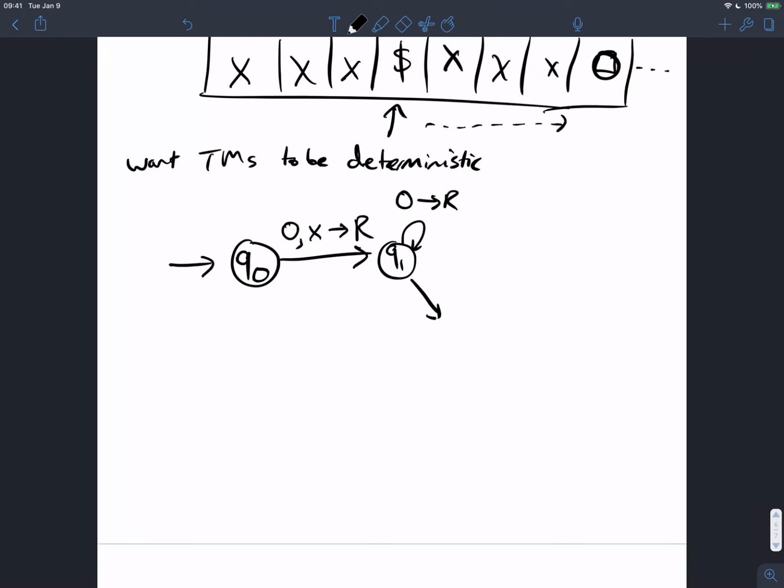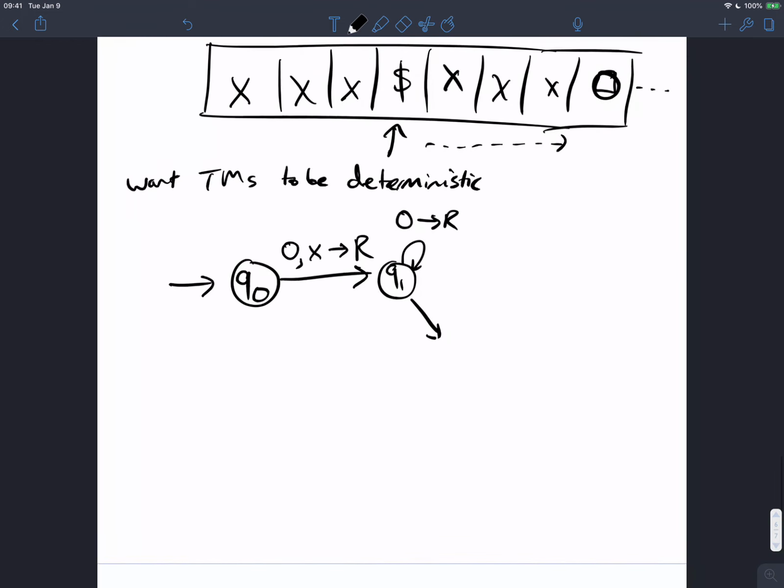But am I going to change that $ sign to something else? No, because I need that character there. So again, we're going to have $ goes to right. Surprise, the next state name is Q2.